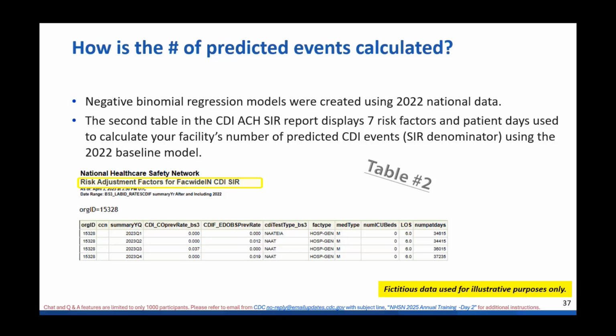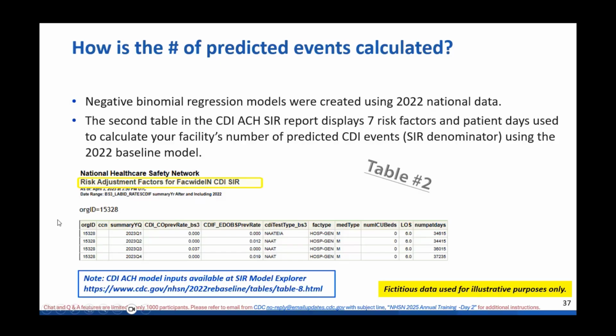We're able to use the second table that is displayed in the report, and that will include the 7 risk factors that Kevin reviewed for the model, as well as patient days that are all used to calculate the number predicted using the 2022 model. So we're going to go through another fictitious example to help break down the pieces of this additional table. And also another plug for the Model Explorer that will display the risk factors associated with the models.